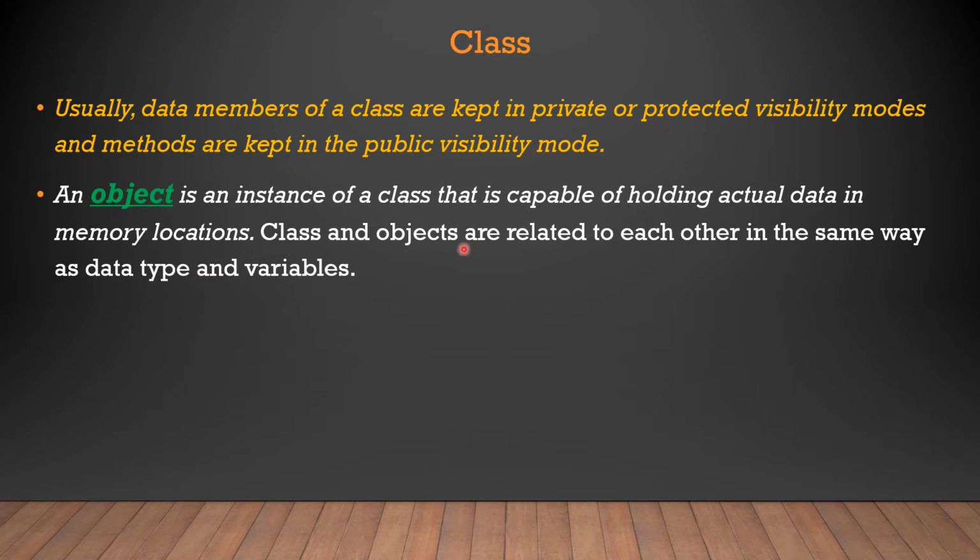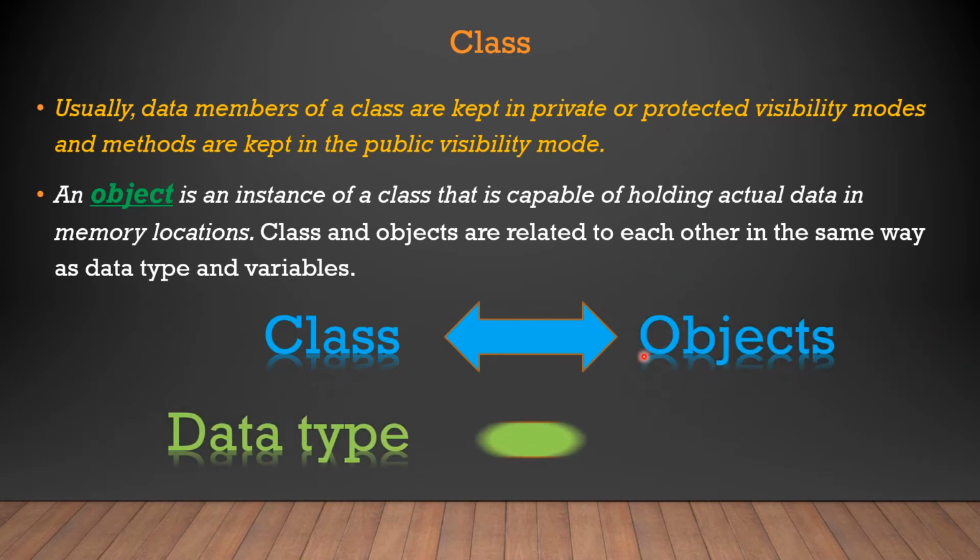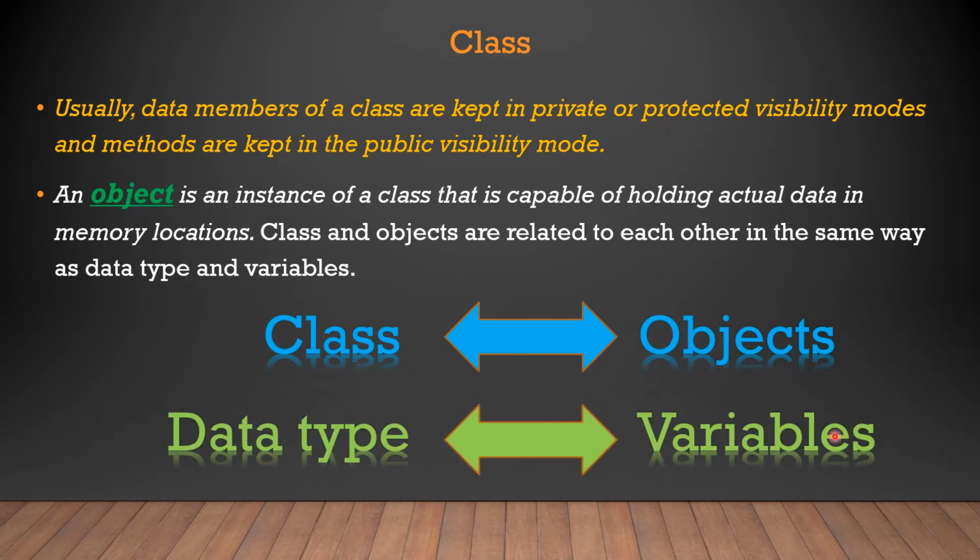Class and objects are related to each other in the same way as data type and variables. So the relation between class and object is the same as the relation between data type and variables, means these two are connected to each other in the same way.